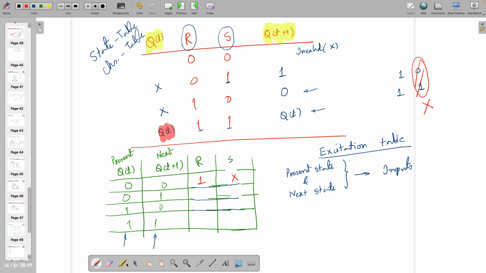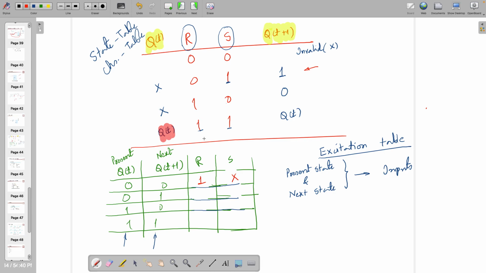Now let's look at the next one, which is 0 1. So can you tell me where is 0 1 is happening? Where is it happening? 0 1. Second one, right? There is no other possibility. I cannot take it because both are Q of t. Here it's maybe 0 0 is possible, 1 0 is possible, not 0 1. So 0 1 is happening here.